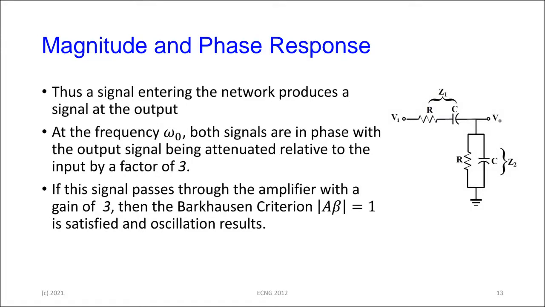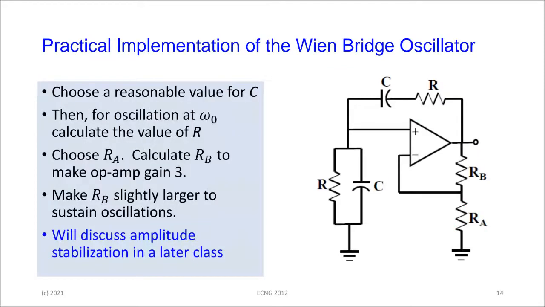All right, so just to summarize what we just said. How do you get that to work now? Notice this is the output of the circuit, and this is the input, quote unquote, here. We are taking the output, passing it through the op-amp, and putting it back in.